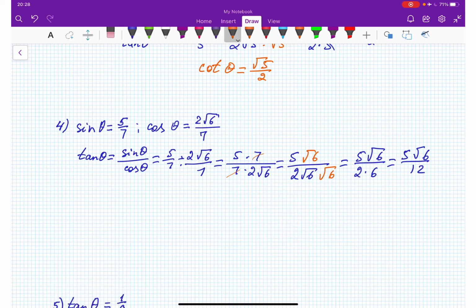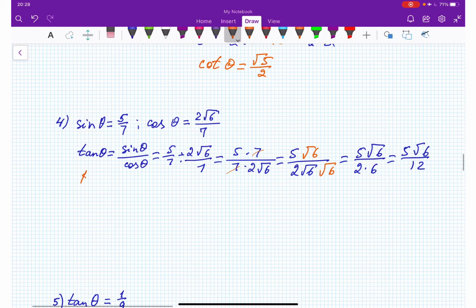So tangent theta is equal to 5 square root of 6 over 12. Next one. Cosecant.